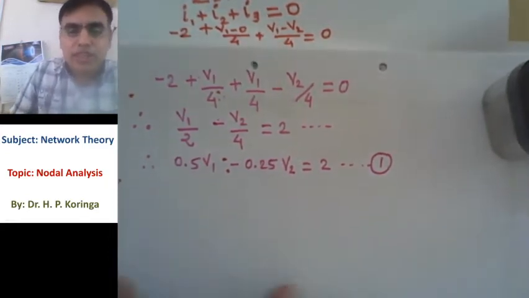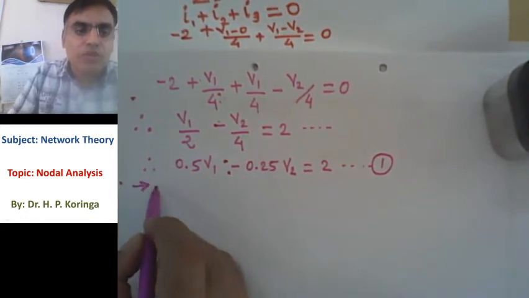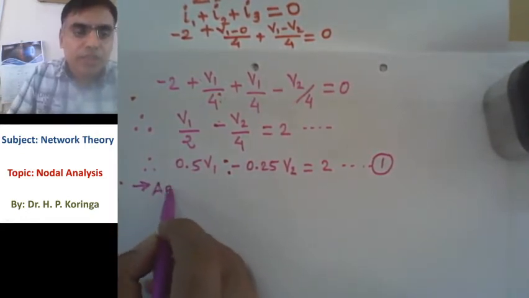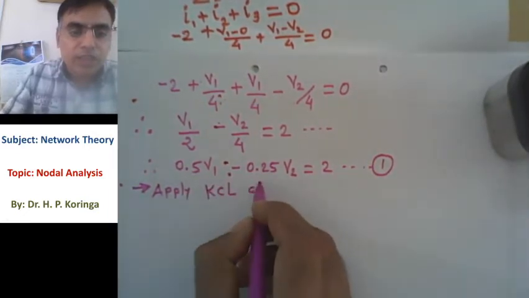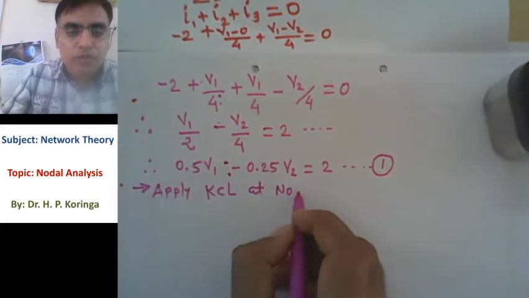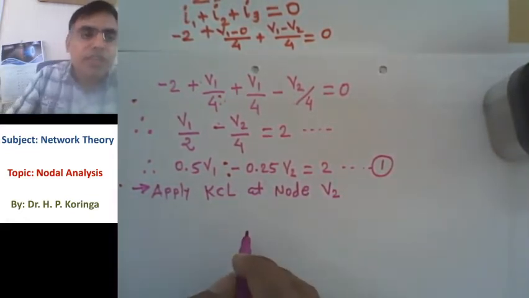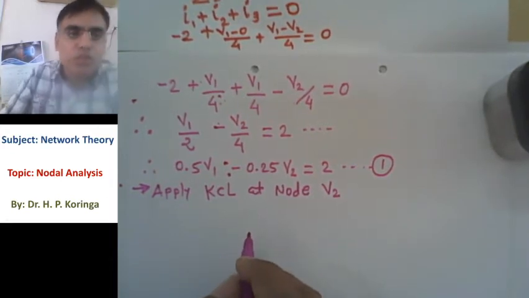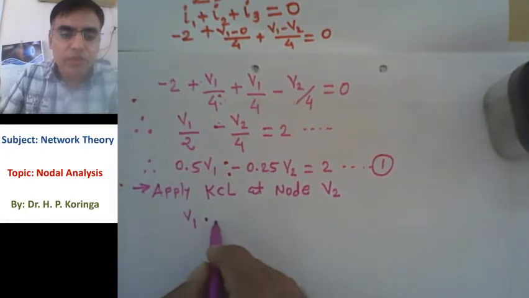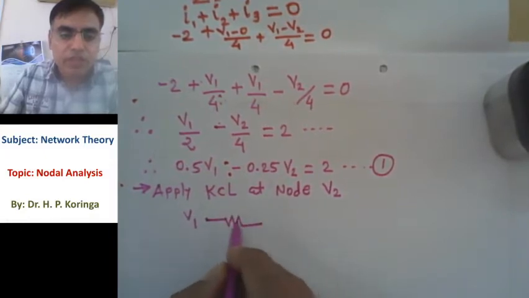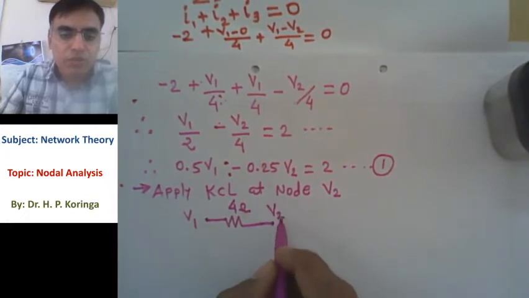Now similarly, let's apply Kirchhoff's current law, KCL, at node V2. When we apply KCL at node V2, let's take the direction here from our node V1. Here we have a resistance of 4 ohm, and here our node V2.